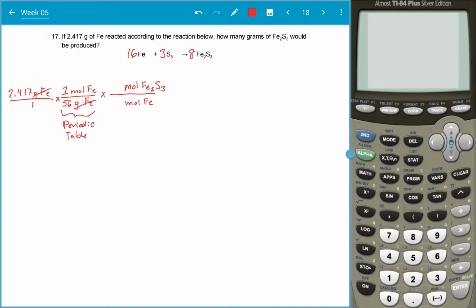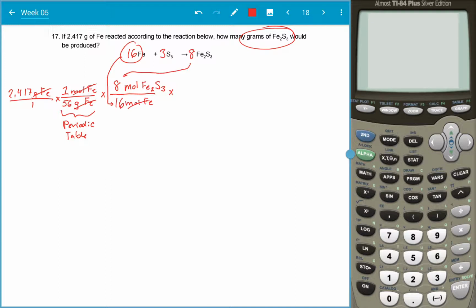The numbers that I get for each of these, for the iron, I use the coefficient for the iron, and for the iron 3 sulfide, I use the coefficient for the iron 3 sulfide. My units of moles of iron have now canceled out, and I still have one more step to do.